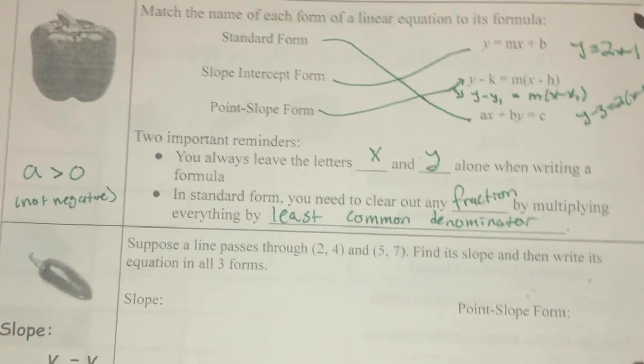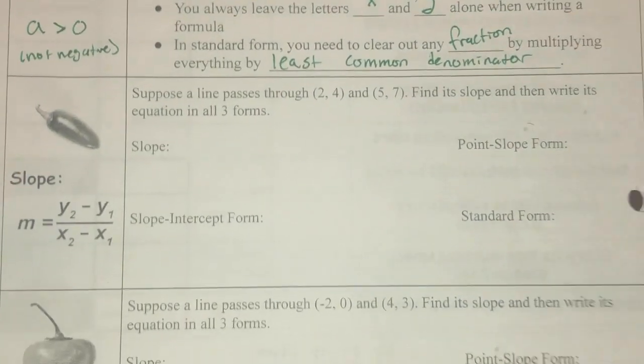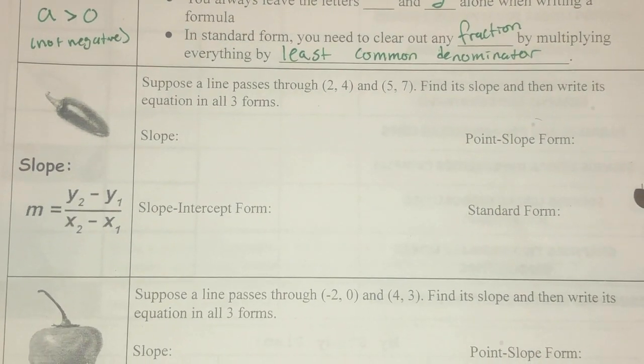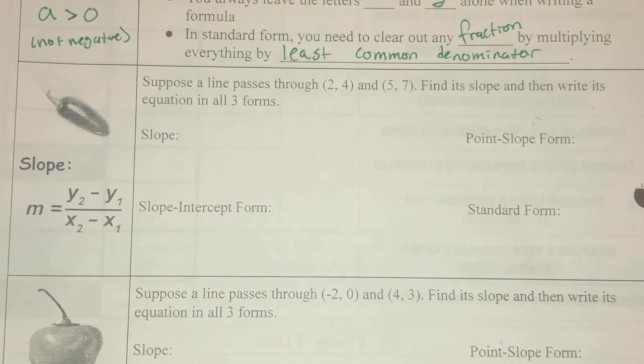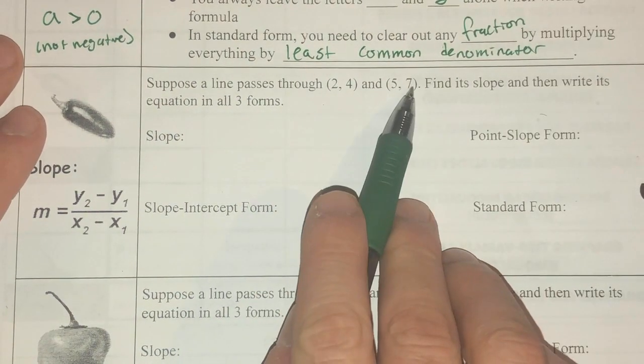All right. So how do we use this? Let's take a look. And by the way, notice how I've left some important notes in the packet for you, particularly the slope formula. So suppose a line passes through (2, 4) and (5, 7). I need to find its slope and then write the equation in all three forms, okay? So let's start with the slope.